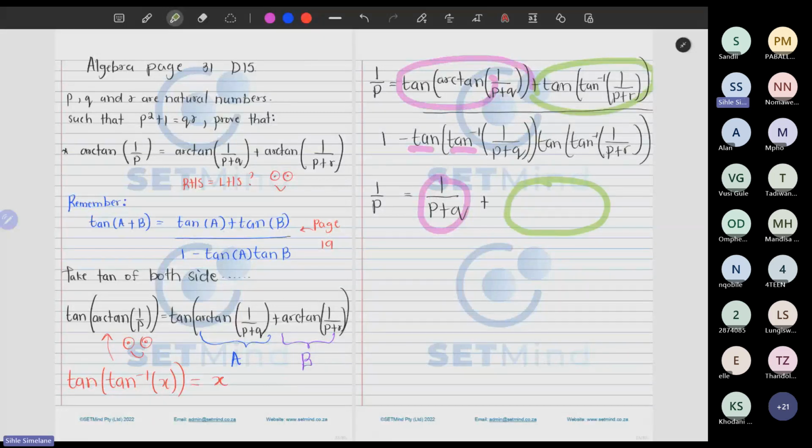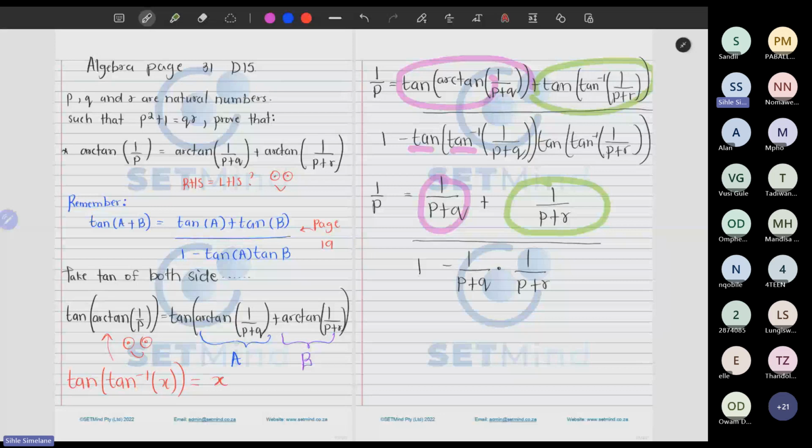The tan of the arctan of something becomes whatever the thing is, so it would be 1 over P plus R. And then divided by, we go to our denominator, that will be 1 minus 1 over P plus Q multiplied by 1 over P plus R. So we can now multiply these things with the hope that we will get something.